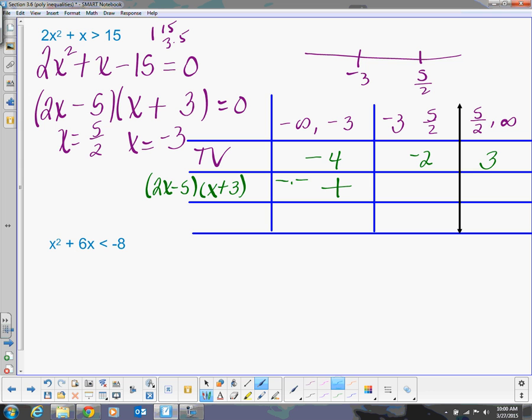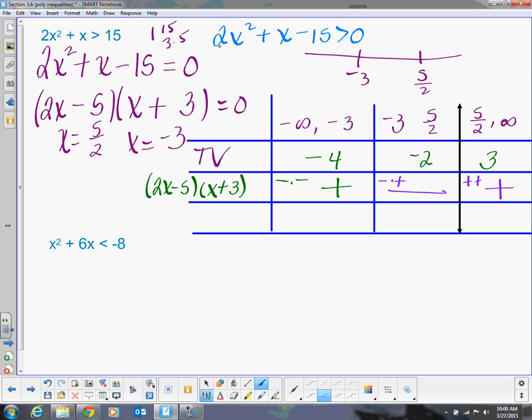Okay, I'm going to go back up here and write this as 2x squared plus x minus 15 is greater than 0. All right, so now we put in negative 2. What's going to happen? Negative 2, that's negative 4 minus 5 is negative. Negative 2 plus 3 is positive, so that's going to give me a negative. 2 times 3 is 6, minus 5 is positive, times positive is positive.